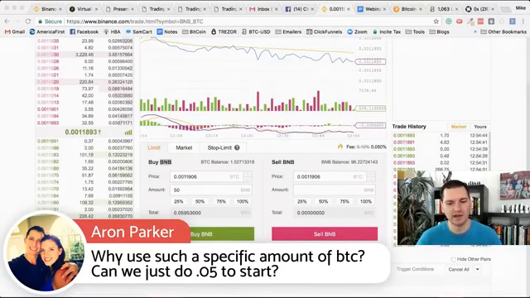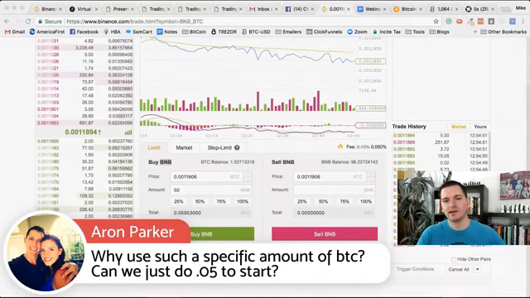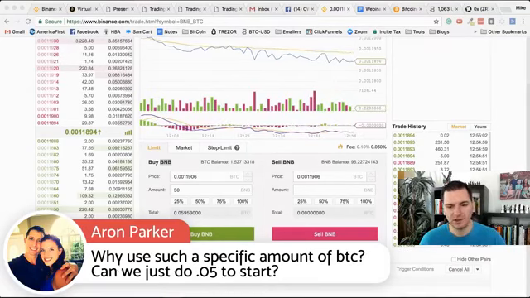So the more trades you have going at a time, the more profits you're going to make. Because if you do 1 at a time, it takes a lot longer to make good profits, whereas if you have 10 going, you'll start seeing faster profits. So they just recommended 0.1, but you could do 0.05 for sure. You could just start where you're at, then add more bots later.